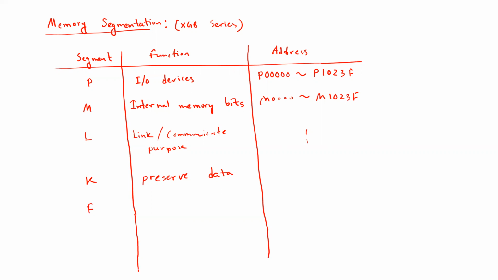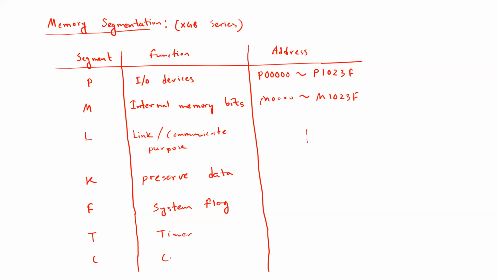F is for system flag. The CPU can use this portion of the area to manage different flags necessary for the operation of the PLC. And there are other segments for timers and counters. So in order to initialize the time delay, these portions of the memory can be used.